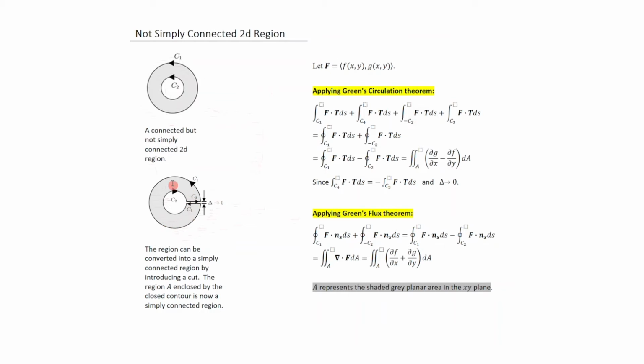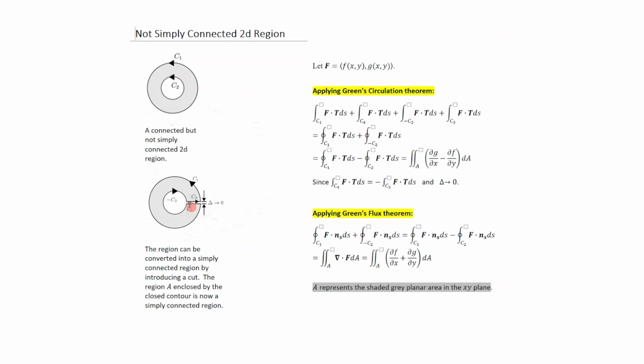So that means that a closed contour here will have 4 contributions. As shown here, this is for Green's circulation theorem. So the contribution of C1, C4, minus C2, and C3. Again, minus C2 just means you're moving in a clockwise direction versus a counterclockwise direction.